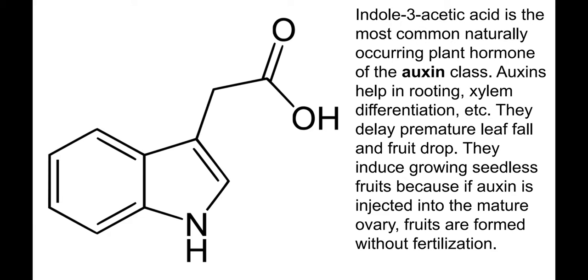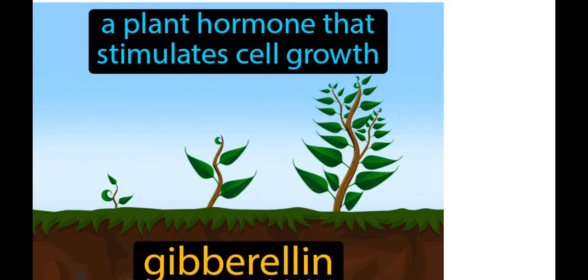This is again interesting and very much in use to produce fruits. They spray this auxin class of growth promoters, and then they get seedless apples and other seedless fruits, which is a really interesting chemical. And some gibberellins: gibberellins promote cell growth and plant growth.